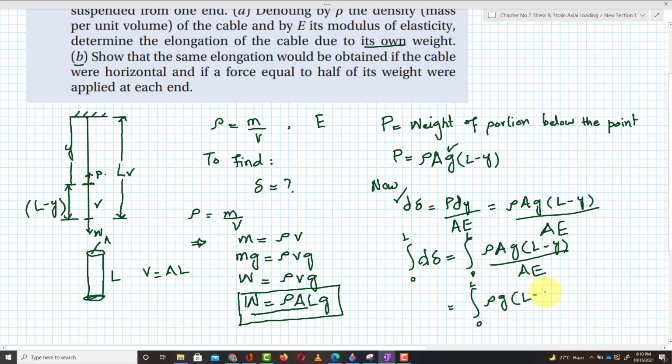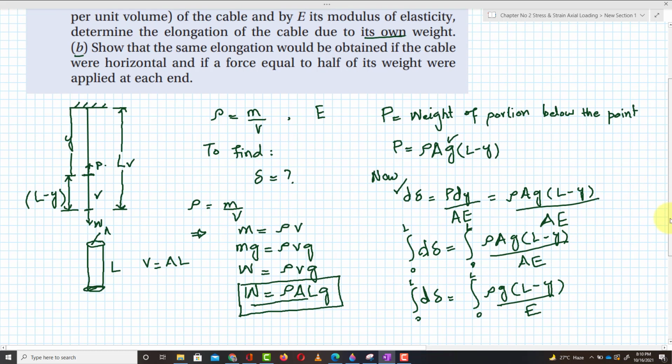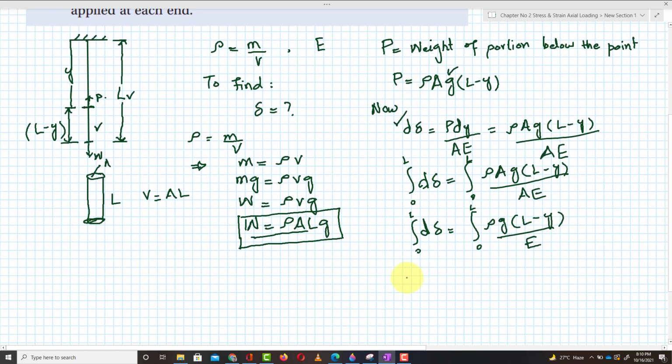(L minus y) divided by E, and that will be equal to the integral from 0 to L of the differential of the small change in length. If you integrate it, rho G over E is constant, so I will take it out of this integral.